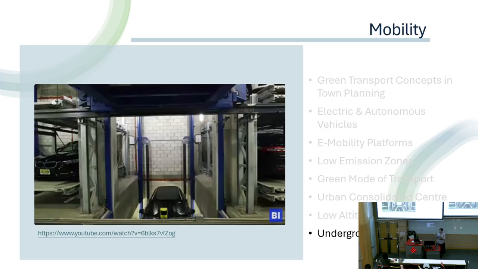The last mobility aspect that we look at is underground parking. Underground parking is not so much a carbon reduction measure, but more about trying to reduce the number of cars on the road, making any sort of road travel easier. What normally happens is people park on the side of the road.